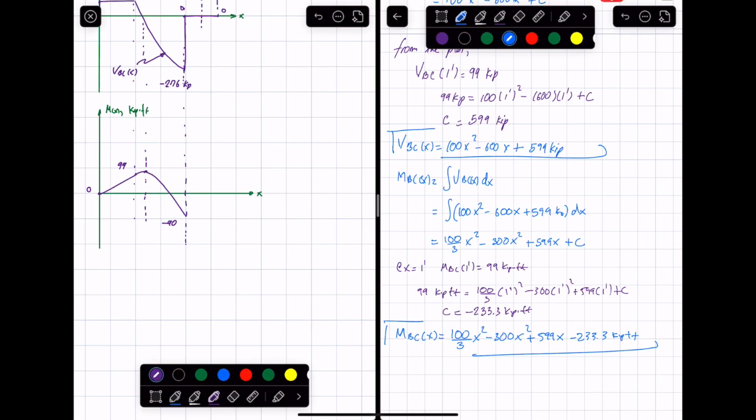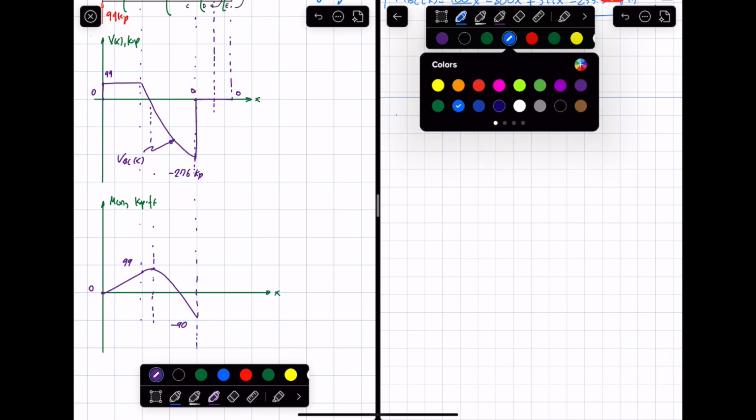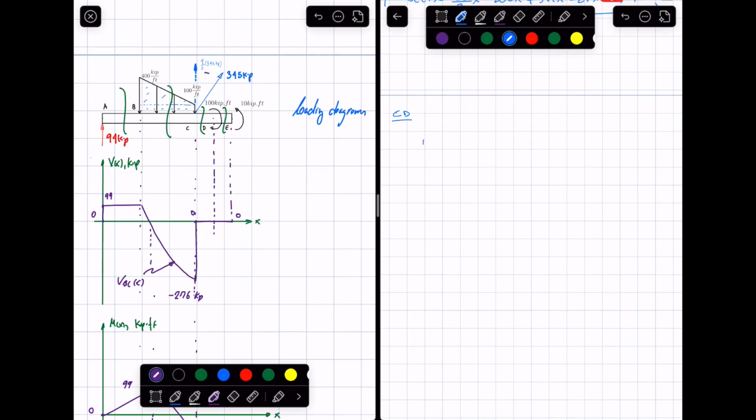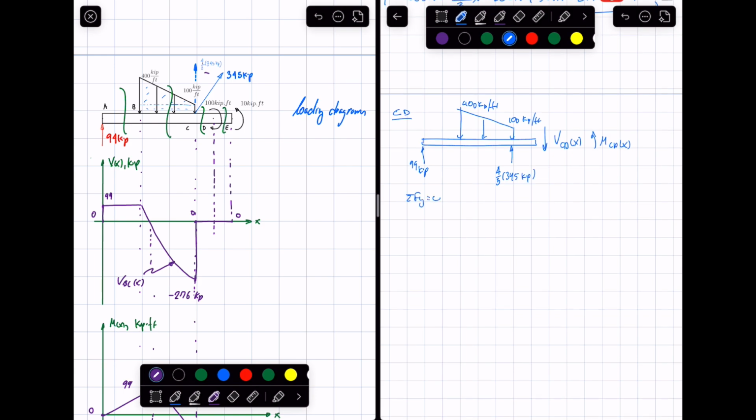We can demonstrate that too by doing the same cuts through the other discontinuities. So if we evaluate section CD the same way that we did the previous ones with our free body diagram, and we sum our forces in Y, we'll see that the shear between C and D will be 0.